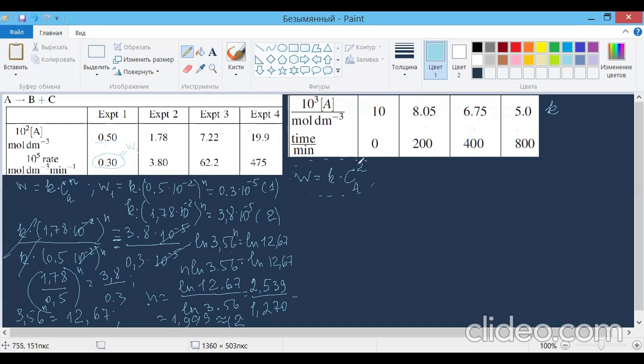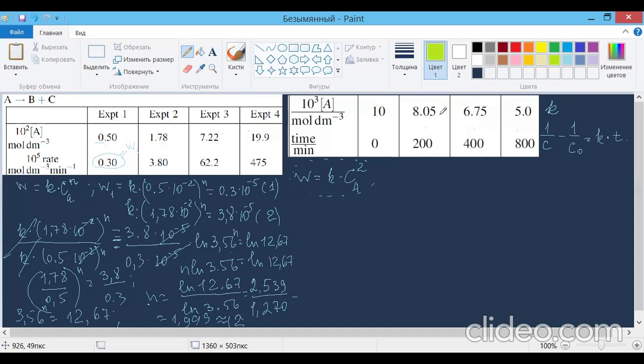Now, let's do that. For a reaction which obeys the second order, we know the equation. Here it is: 1/C minus 1/C0 equals k times t. Let's calculate k1.